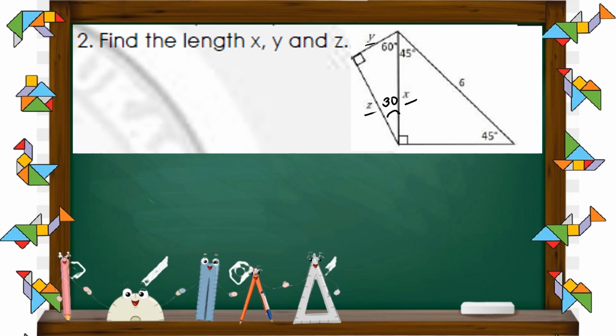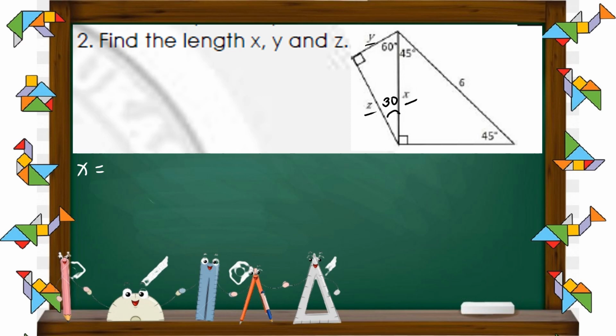So let's take note one by one. To get the value of x, we know that this is a 45, 45 triangle. So if this is a 45, 45 triangle, our given is the hypotenuse. Actually, we were able to discuss this one last week or 2 weeks ago on week 6 to 7.